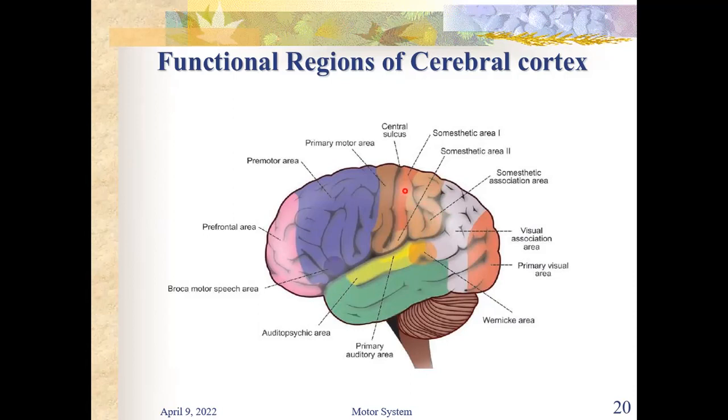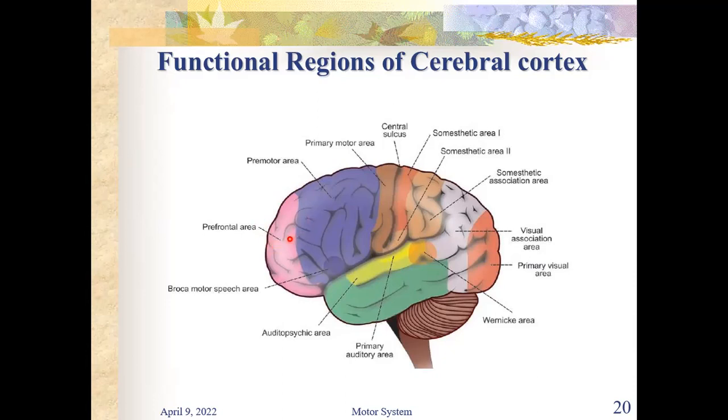This is the primary somatosensory area. This is the primary motor area, the precentral gyrus. That's the primary area that the motor signals originate from. We also have motor signals originating from the premotor area. The premotor area is here, the area 6 of Brodmann. Anteriorly or superiorly is the supplementary motor area. So we also have the prefrontal area, which is involved in planning and foresight to plan, motivation, and initiation of movement.